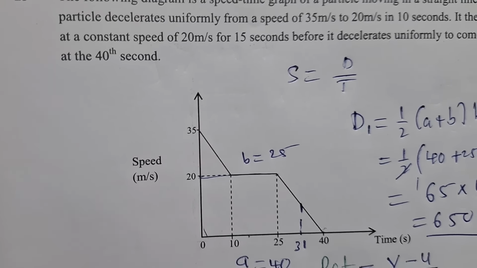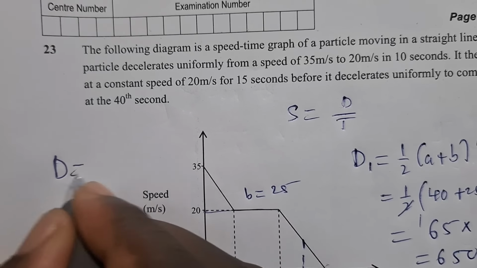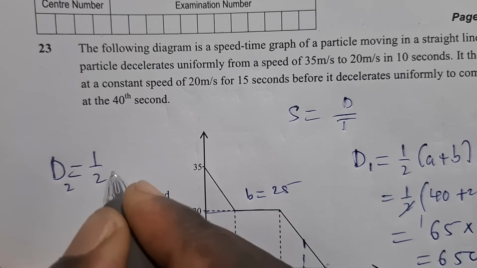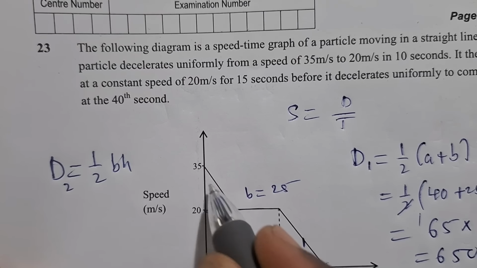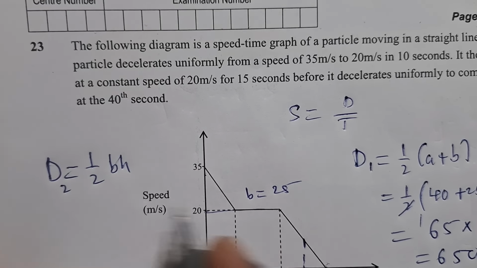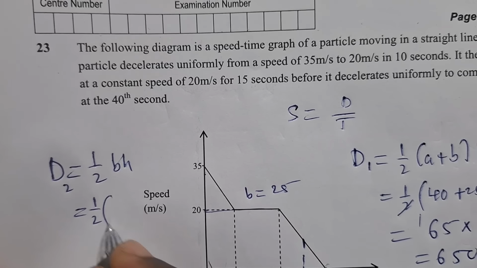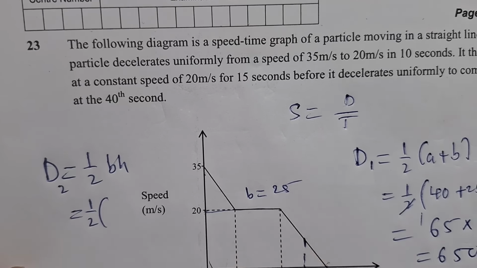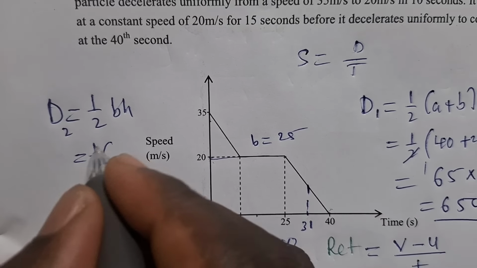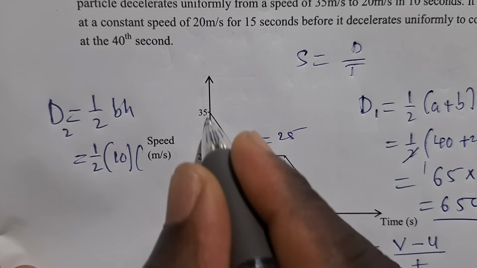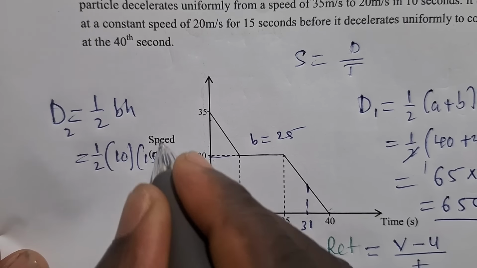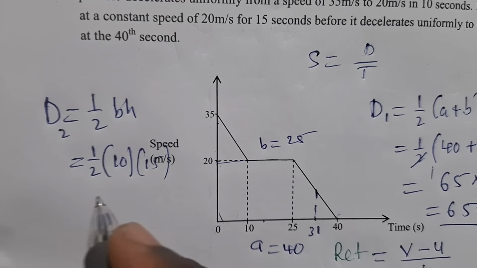We find distance 2. So distance 2, we shall say 1 over 2 BH. Now the distance of this triangle right here will be 1 over 2, our B from here to here, you can see here to here it's a 10. Our H from here to here, the difference there is 15.